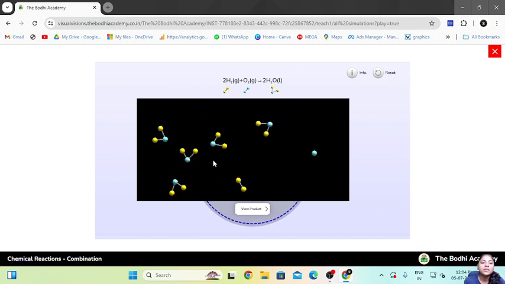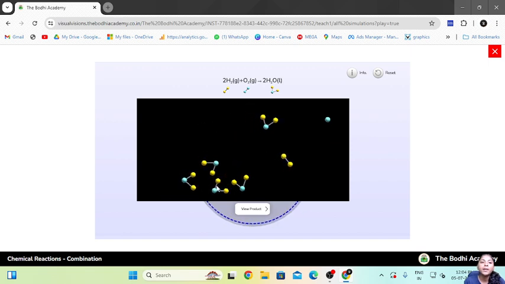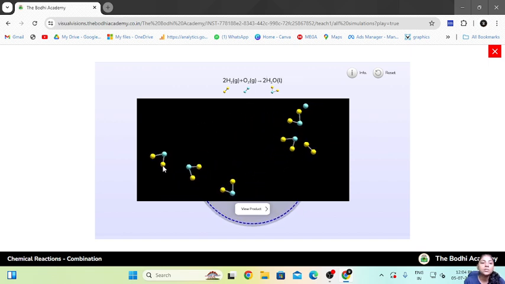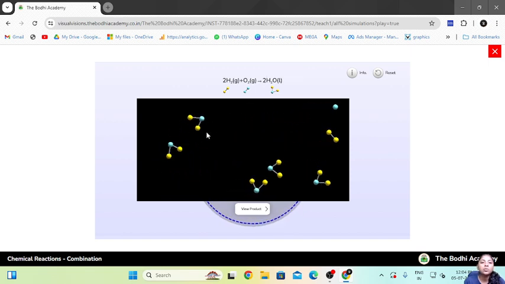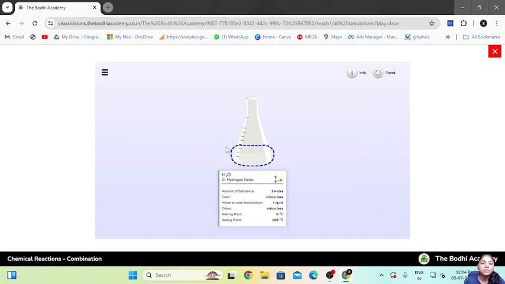So as we can see here, now all these hydrogen and oxygen molecules have combined to form water. Okay, so these are water molecules which have two hydrogen and one oxygen atom. At room temperature it is in liquid state, then water is also colorless and odorless. Now boiling point of water is 100 degrees Celsius and melting point is 0 degrees Celsius.